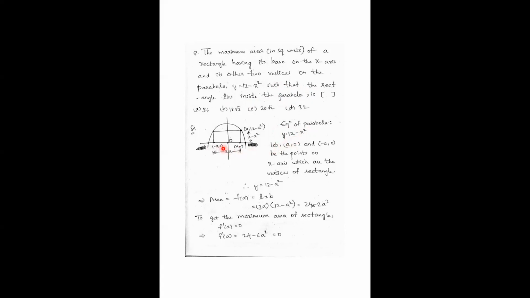Let (a, 0) and (minus a, 0) be the points on the x-axis, and these two are the vertices of the rectangle. We are given the equation of the parabola as y equal to 12 minus x square.